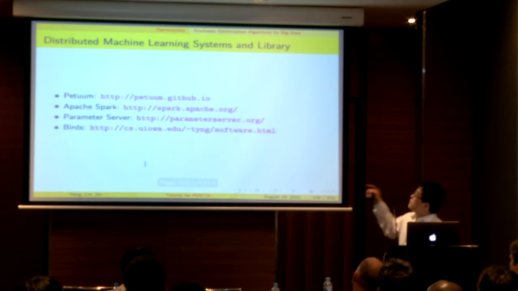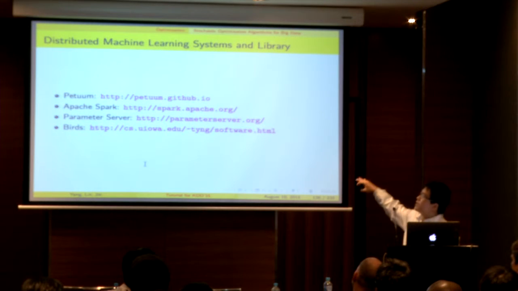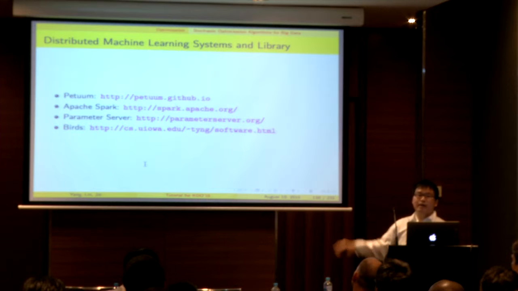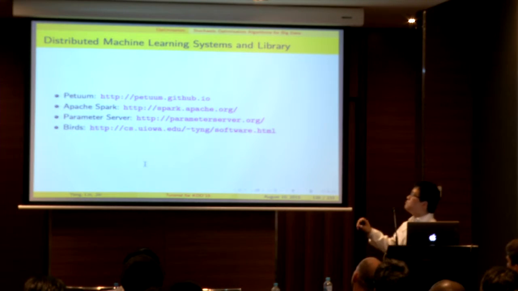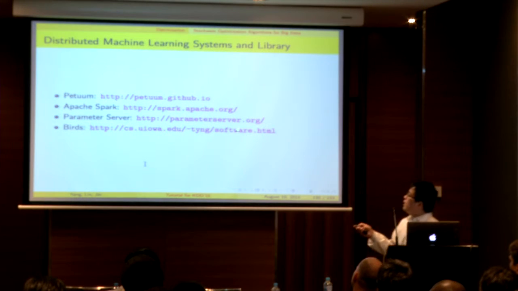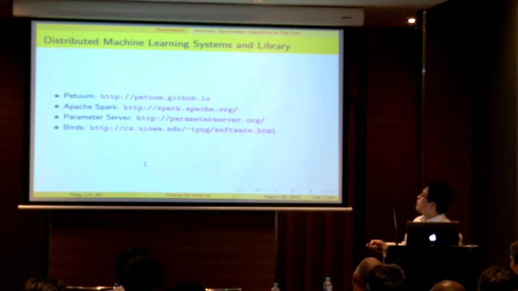Okay, so here are the existing systems or toolkit software that support some of these algorithms in this tutorial. Petuum, I think, is a distributed optimization machine learning framework, which is introduced in a tutorial parallel to this one, in the other room in this building. And Apache Spark is also an architecture you can use to do different parallel learning.